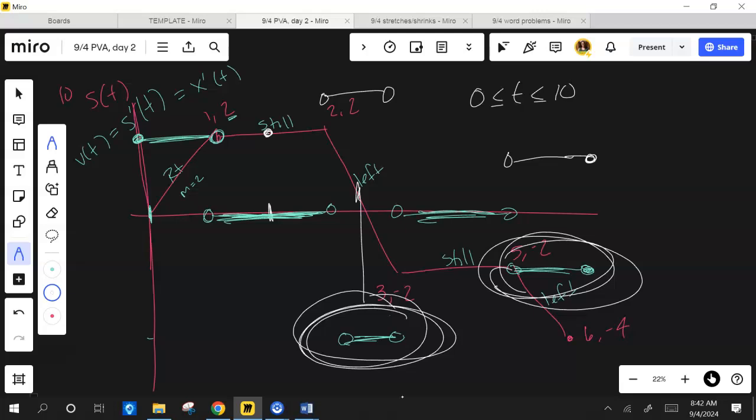Yeah, speed. Speed is velocity. It's just the absolute value of velocity. Because she's not going at a constant speed as she moves.